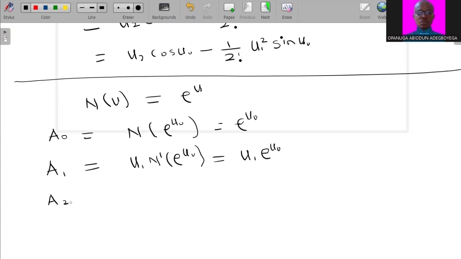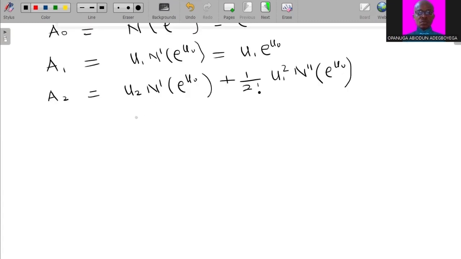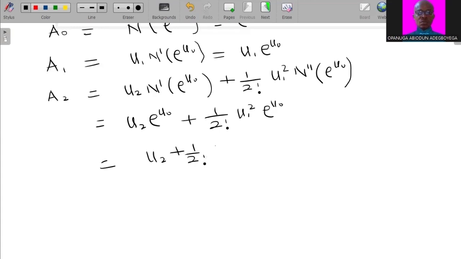And for A_2, that will be u_2 N prime of exponential u_0 plus 1 over 2 factorial u_1 squared N prime prime of exponential u_0. So this gives u_2 exponential u_0, since we are differentiating exponential u_0 once, plus 1 over 2 factorial u_1 squared exponential u_0. This can be written as u_2 plus 1 over 2 factorial u_1 squared, times exponential u_0.